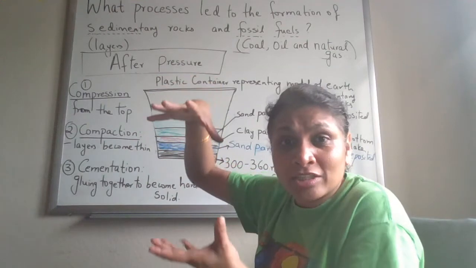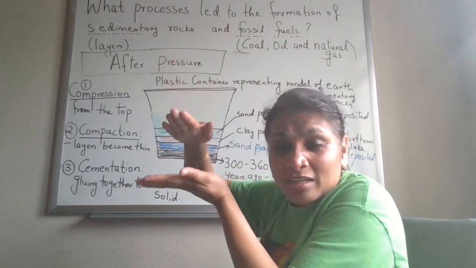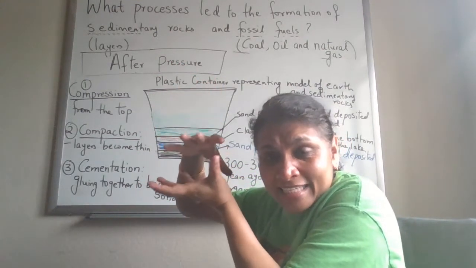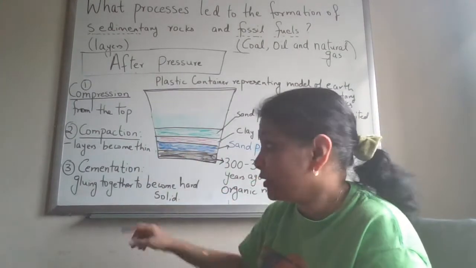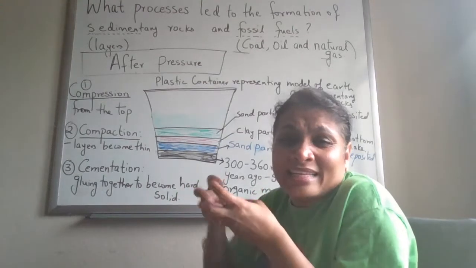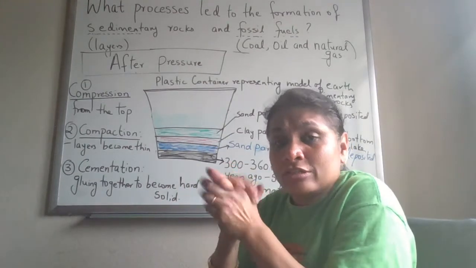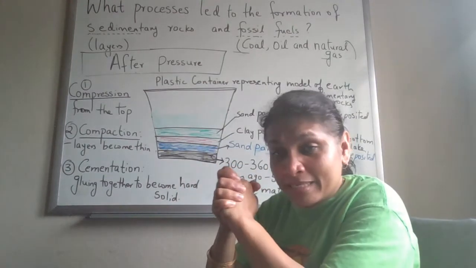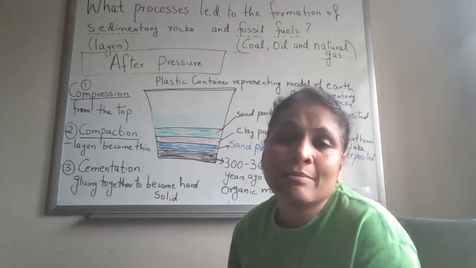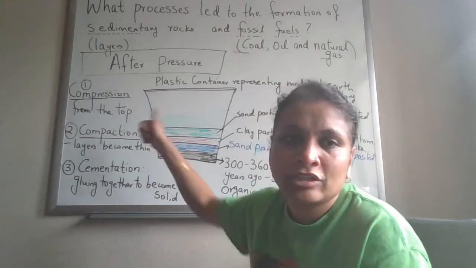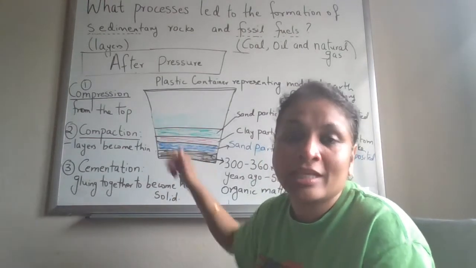Compaction, because of all the pressure, the size goes smaller and smaller and smaller. It becomes very packed, compact. The layer becomes thin and has a definite shape now, right? And cementation, when things start oozing out, it starts sticking together like glue. Now they cannot be separated. They are becoming harder and harder solid. That is called cementation. The three C's: compression, compaction, cementation.